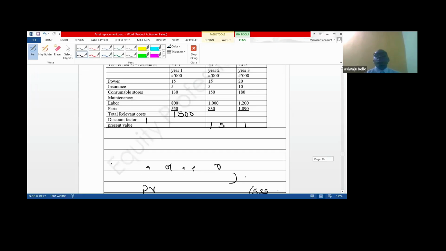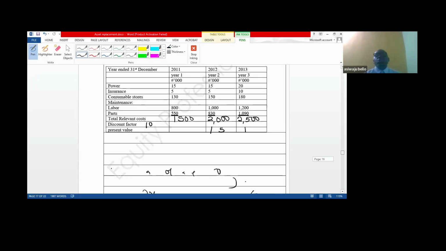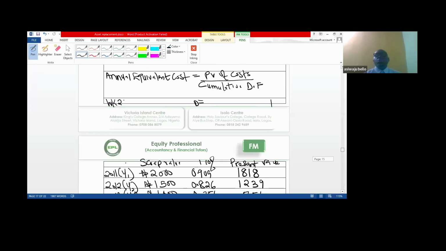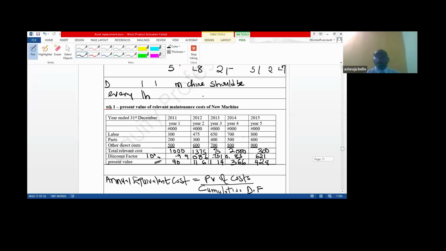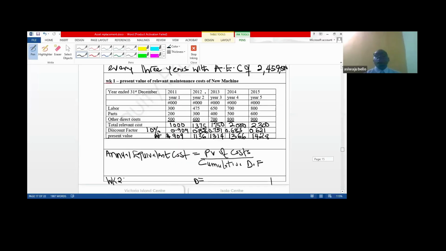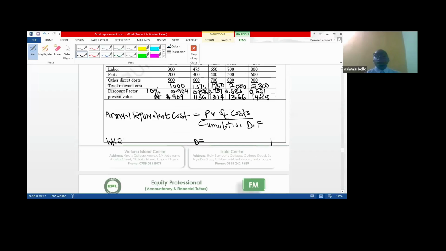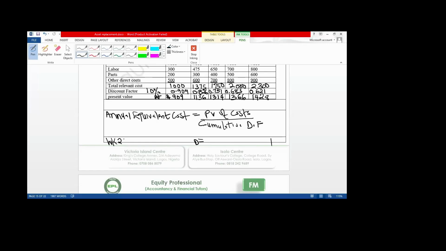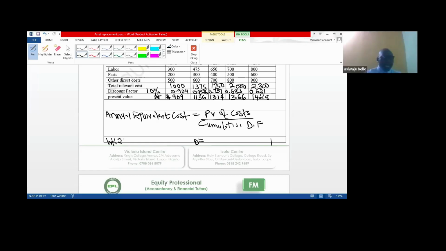Now you are picking year 2 and year 3. The discount factor for year 2 and year 3 is 0.826 plus 0.751.